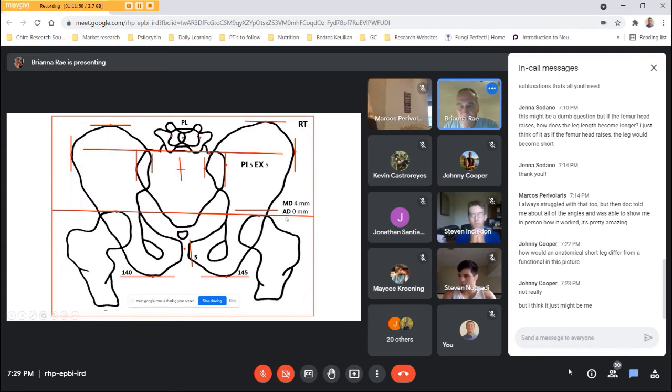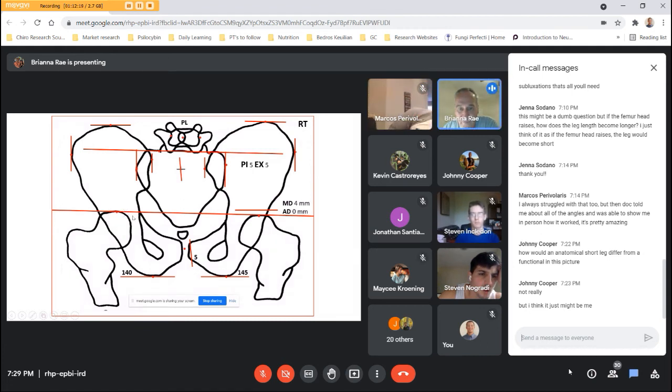What if instead of the distortion factor being 4, what if it came out to be 6? Then what would be the AD? It'd be 2. Go ahead. Would it be 2 millimeters? 2 millimeters on the opposite side, wouldn't it?